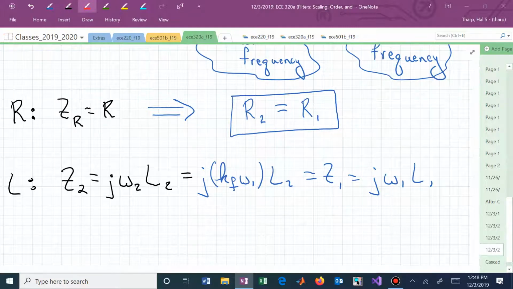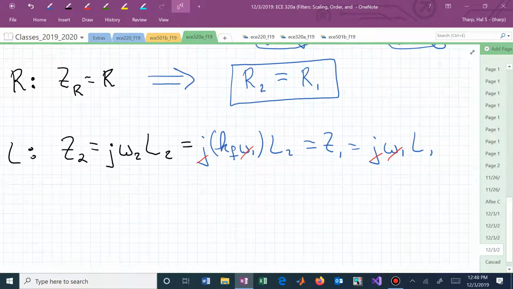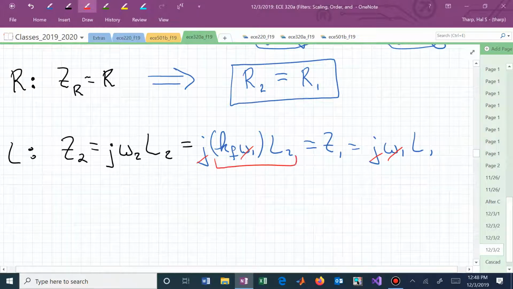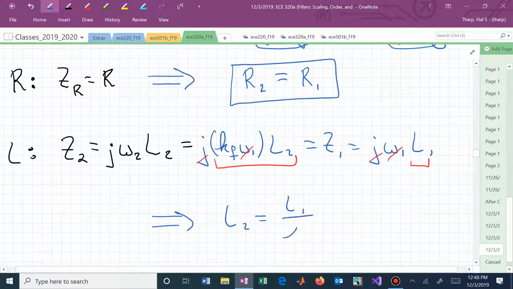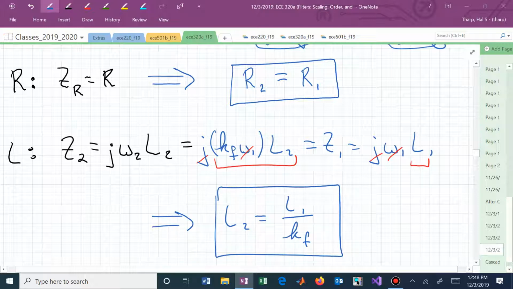Now we have some common terms on either side, and this allows us to solve for L sub 2 by comparing with whatever is left over, which is just L sub 1. L sub 2 is found from the original inductor by dividing by the frequency scaling parameter K sub f. And that's different than when we magnitude scaled the inductors.